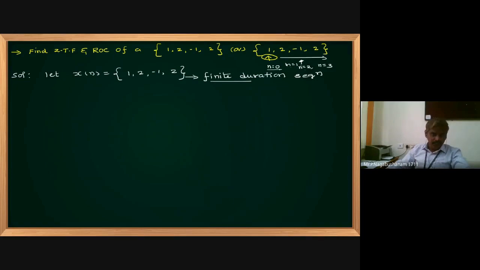It is not n equal to 0 ending with infinity. If the starting or terminating value is infinity, those signals are called infinite duration sequences. But in our problem, n is a known finite value, 0 to 3, so the given sequence is a finite duration sequence.